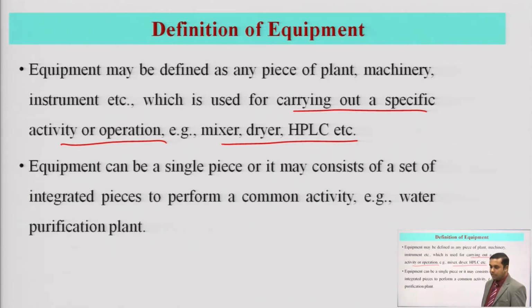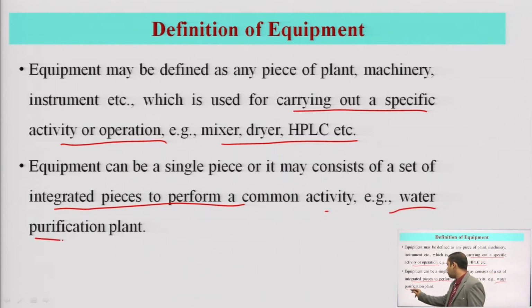Equipment can be a single piece or it may consist of a set of integrated pieces to perform a common activity. For example, a water purification plant. In a water purification plant, you will observe lots of multiple activities happening for the purification of the water.